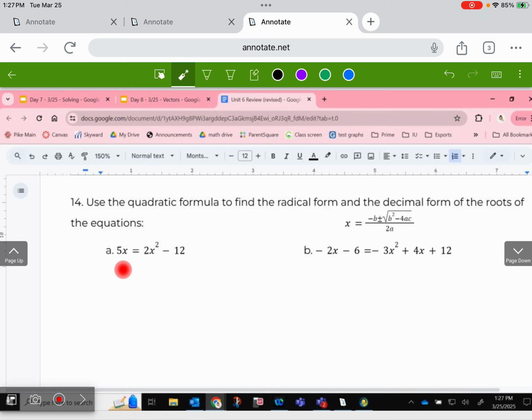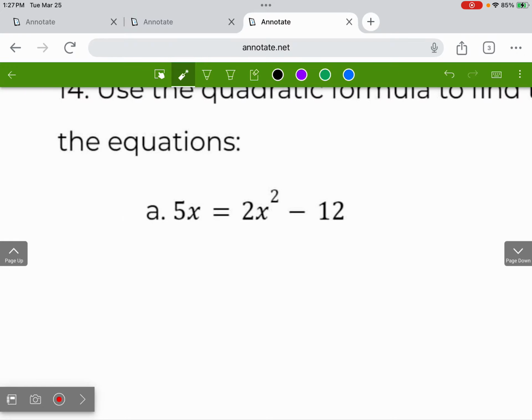Because whenever we're doing quadratic formula or factoring, what do we need to do first? Is the very, very first step. Equal to 0. It has to be equal to 0. So in order to get this thing to equal 0, what we're going to do is subtract our 5x from both sides.